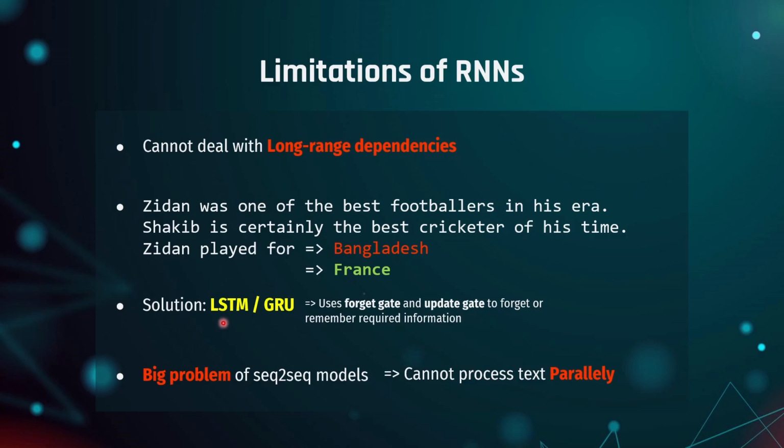And even our LSTM or gated recurrent unit still suffers from long range dependencies and is still sequential, so it does not really solve the problems or limitations of RNNs completely. In our next part, we'll see how transformer architectures actually revolutionized the field of NLP by introducing parallel processing and the attention mechanism.